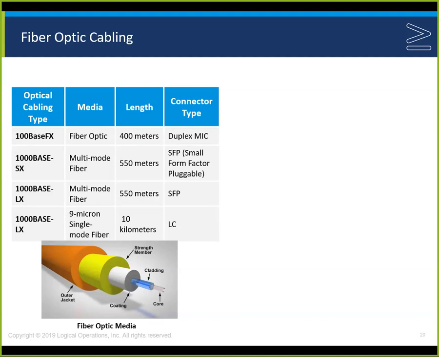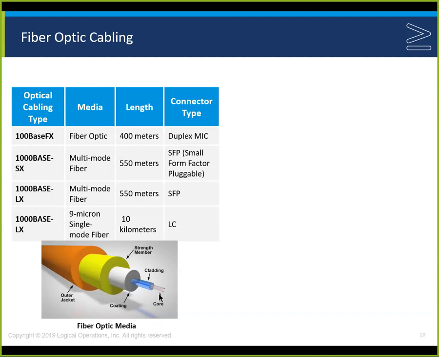A micron is a millionth of a meter, a micrometer. And for the distances that we can go, single mode fiber is probably going to be using a laser for the high powered light that goes in these things. But there's a lot of protections, I guess, around the fiber itself.